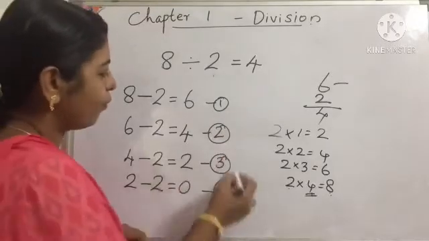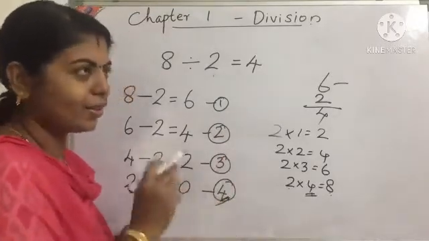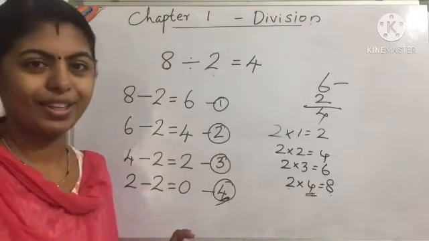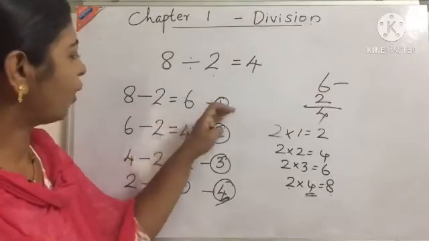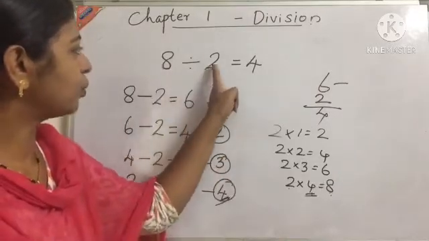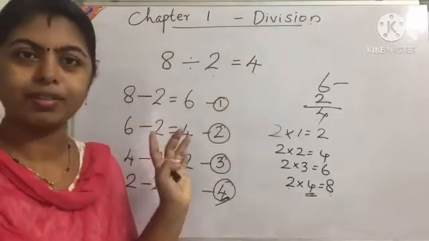So this 4 is the answer. So division is repeated subtraction. That is, 8 divided by 2 is 4.